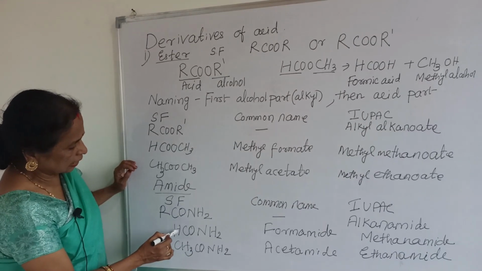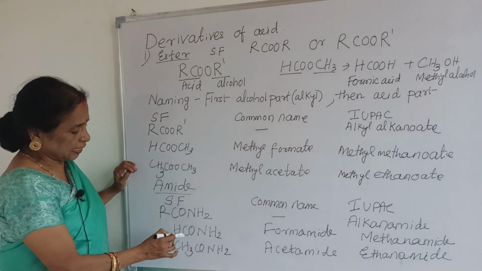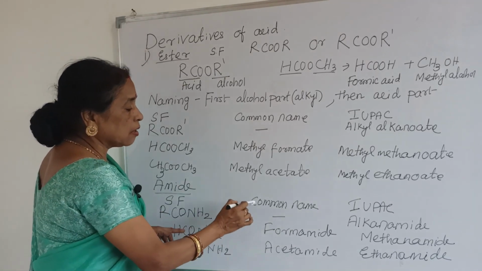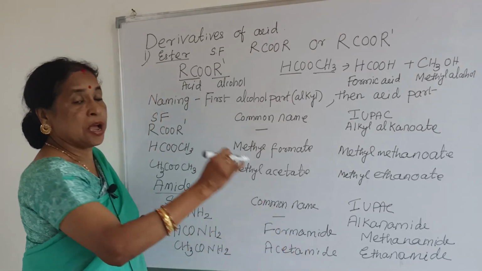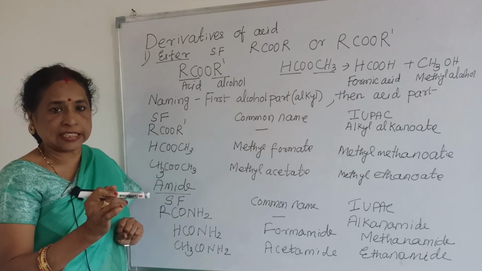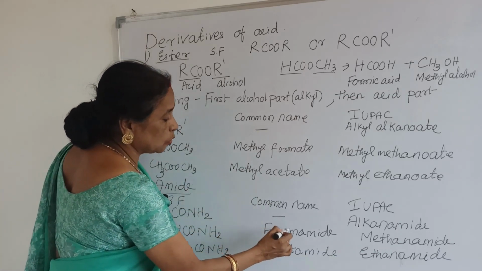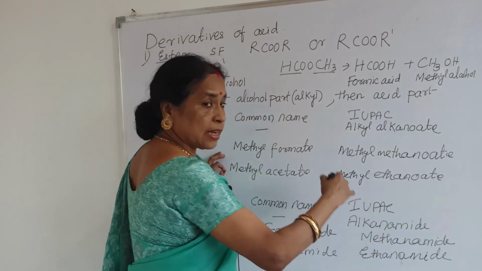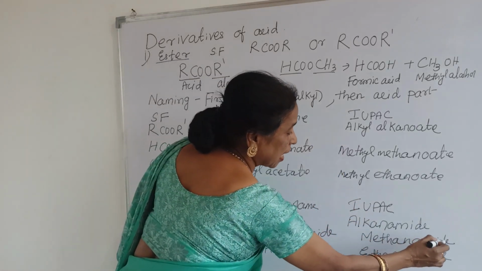See the example HCONH2. It indicates one carbon atom is present, so by common name it is formamide. Formamide means formic acid. Formic acid changes to formamide. Similarly for the IUPAC name, methanoic acid changes to methanamide.